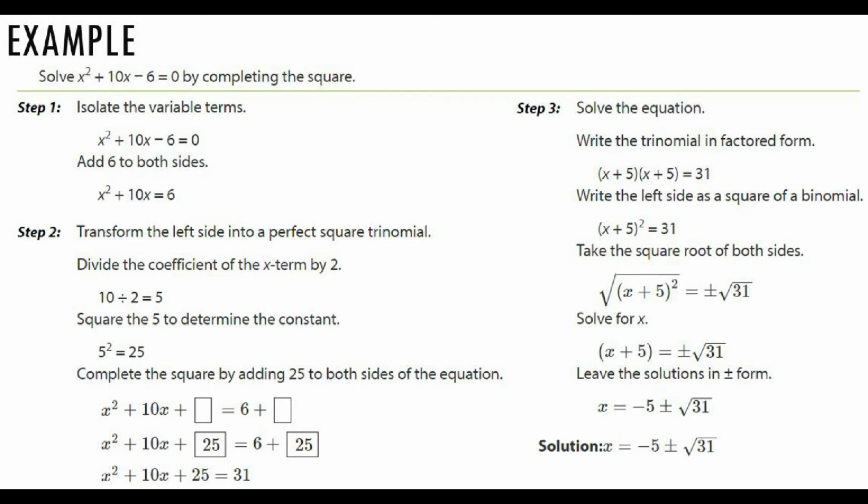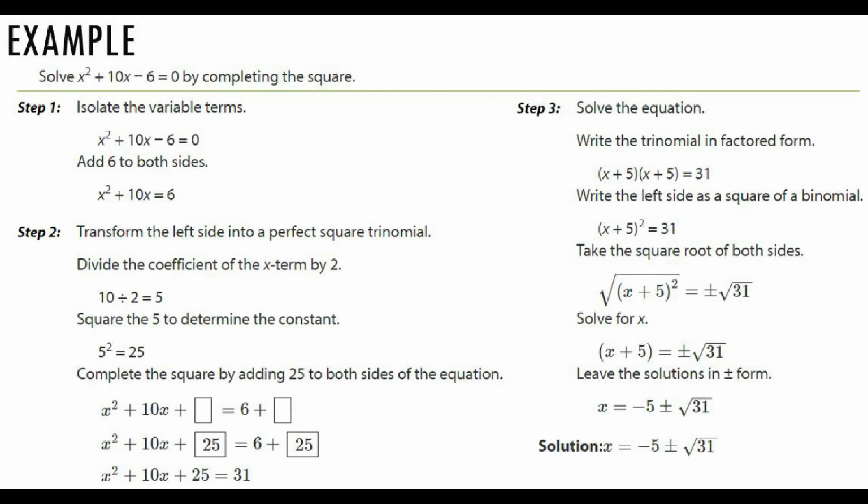That is going to be my perfect square. If I add 25 to one side, I have to add it to the other side. So I end up with x squared plus 10x plus 25. That's a perfect trinomial because 25 has a square root. And I have to add 25 to the other side, so 6 plus 25 is 31.